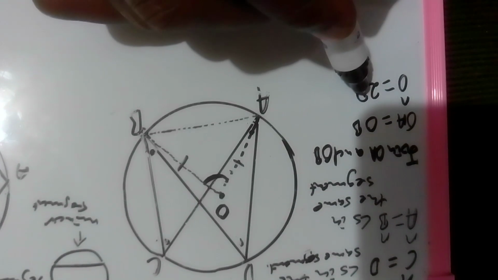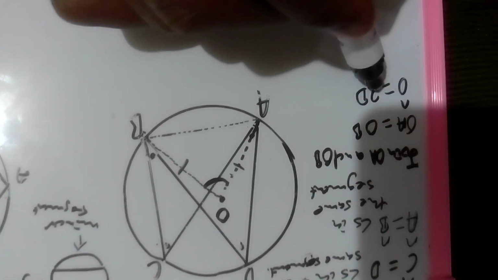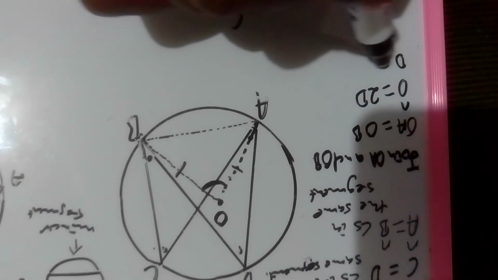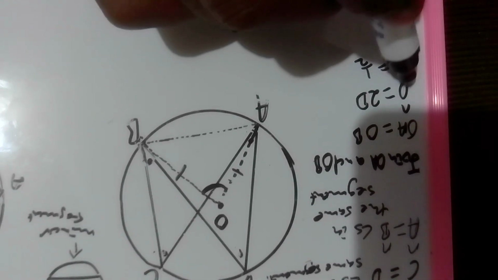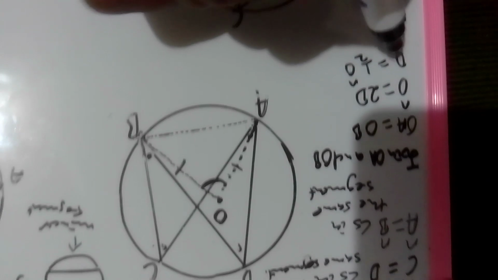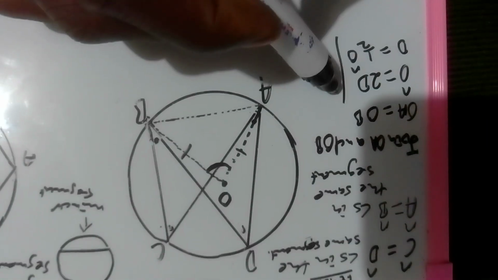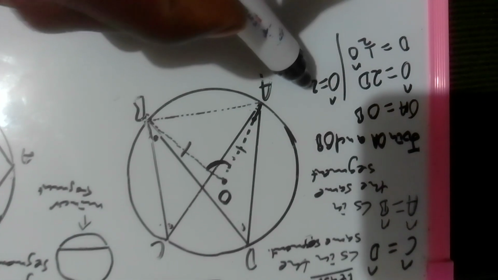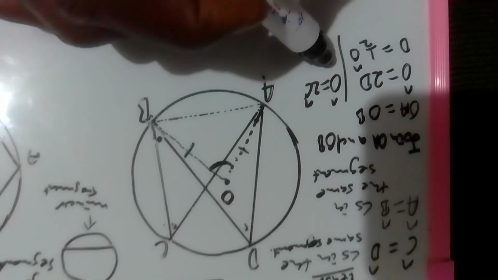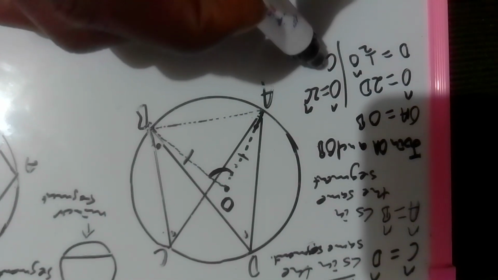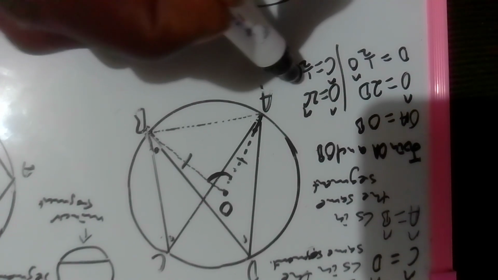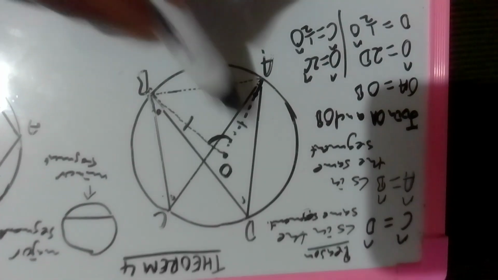The 2 means 2 multiplied by D. I have to multiply D twice in order for it to be equal to angle O. Or I can say D is equal to half of angle O. Also, angle O is 2 times bigger than angle C, which is here. It's also on the circumference. Or vice versa, I can say angle C is equal to half angle O.